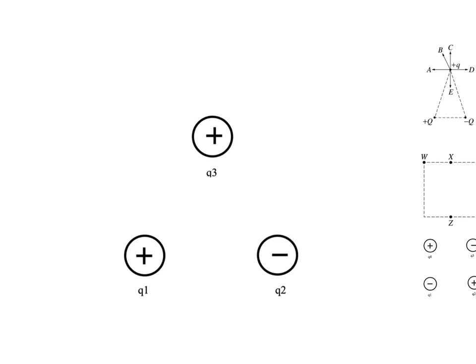All right, number 18. So here you're going to do the general symbolic solution for the net force on Q3. So draw the vectors, label them, and show the components, and come back.